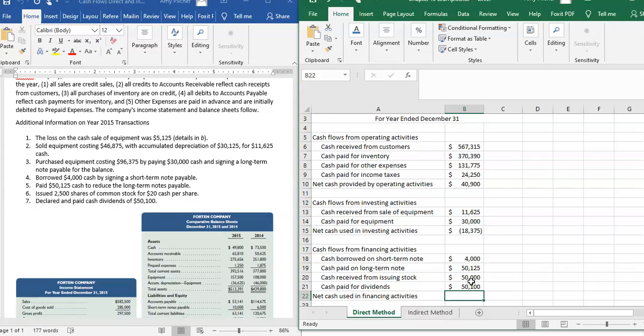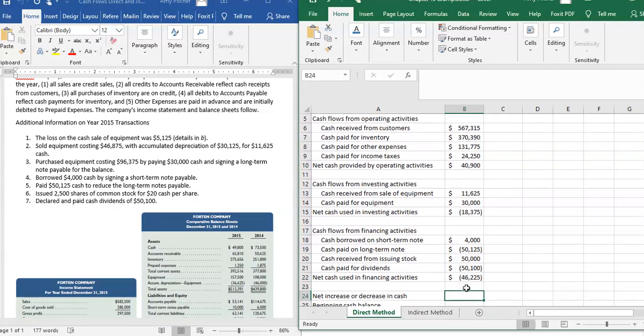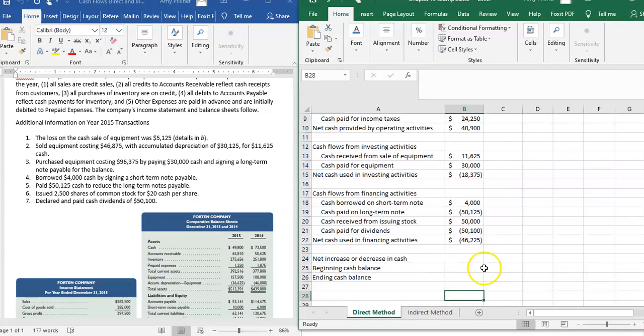So now we're going to calculate what our net cash used in financing activities is. We make the cash payments out negative amounts. We can just sum that column. That gives us our net cash made in financing activities.